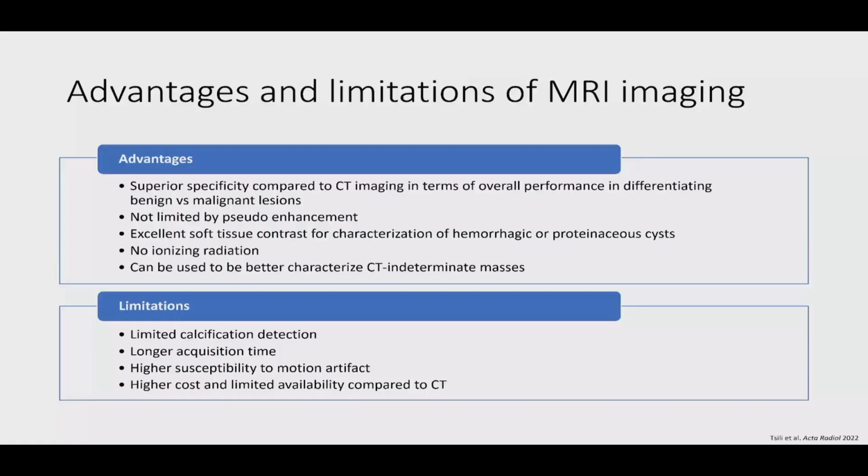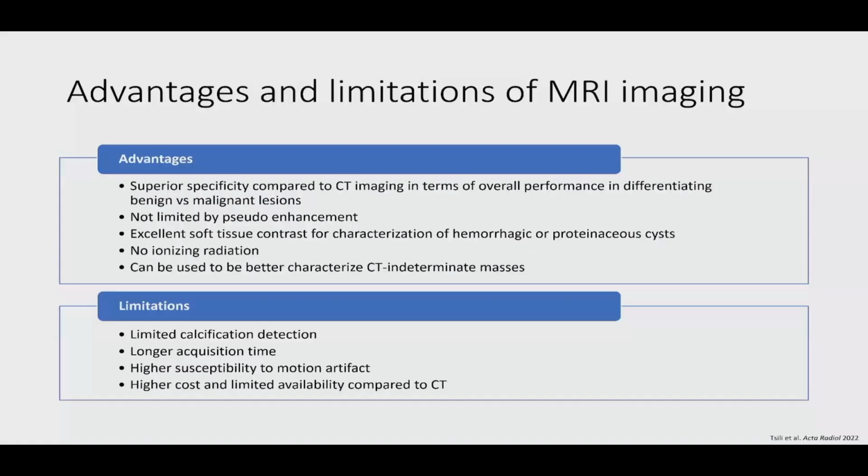It's not limited by pseudo-enhancement. It does offer excellent soft tissue contrast for characterization of hemorrhagic and proteinaceous cysts. It doesn't utilize ionizing radiation, and it can be used to better characterize indeterminate lesions.